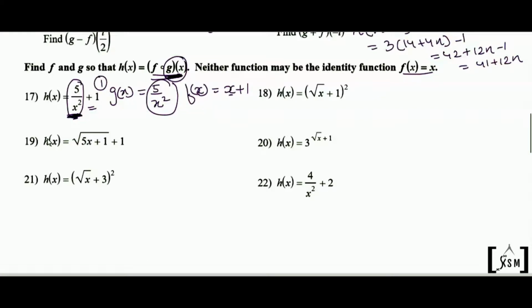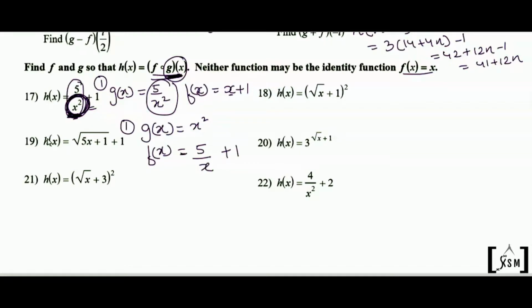Okay, we could have other answers also. I will show it to you for the same question. We can have another set of answers, where I suppose g(x) as just x square. Then what will be f(x)? Then for f(x) I will say 5 divided by what we supposed as g(x), so 5 over x, and plus 1 separately.